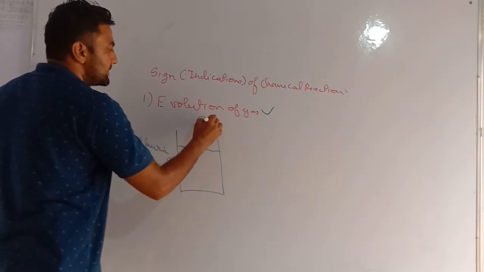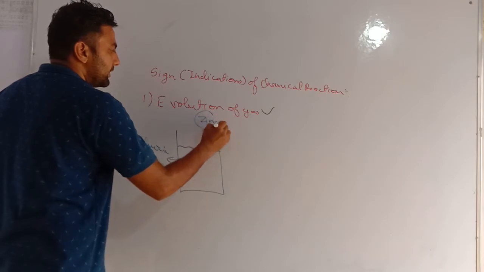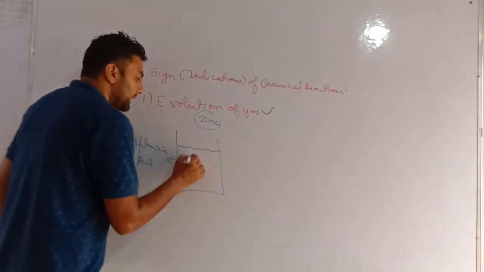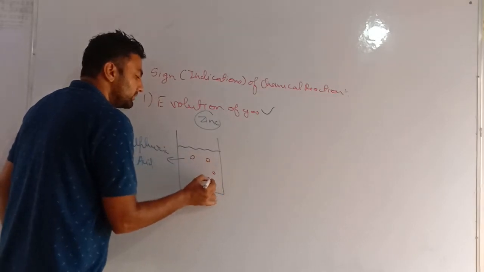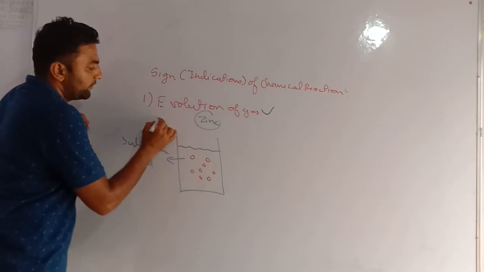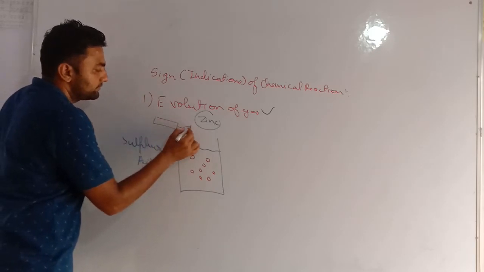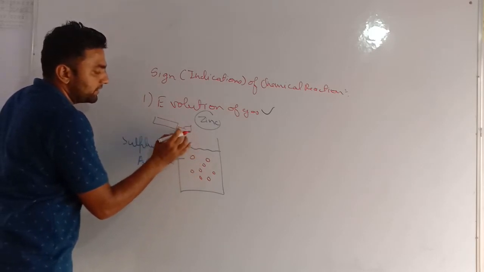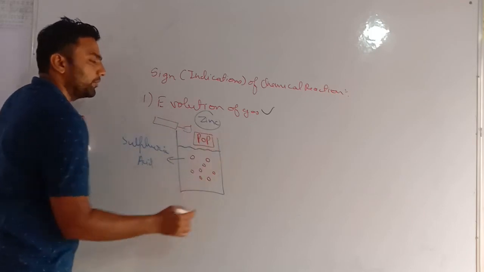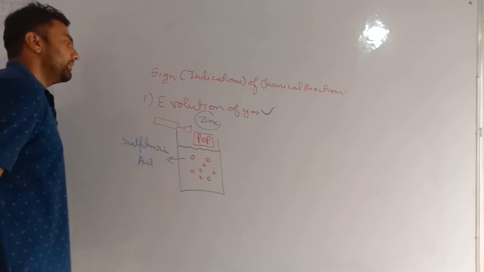When we put zinc granules in this, after some time, I get to see that there are bubbles coming up. And when I take a candle, and these bubbles come in contact with this candle, they produce a pop sound. Very important. I will let you know what this pop sound is about.